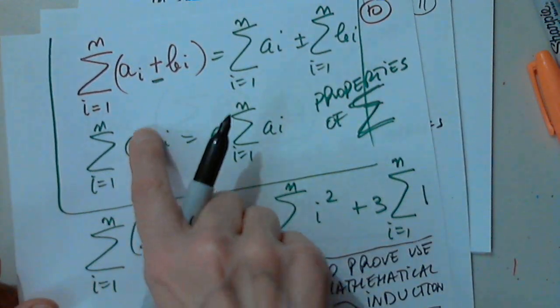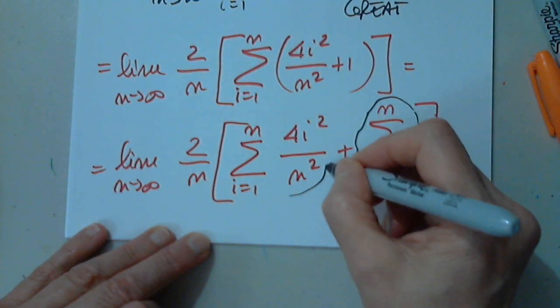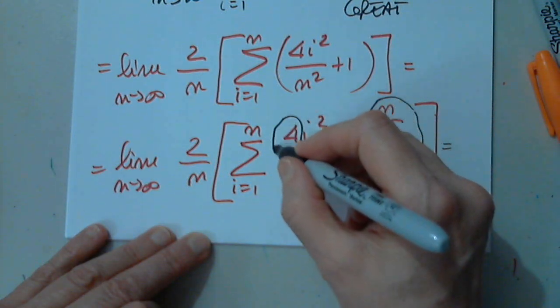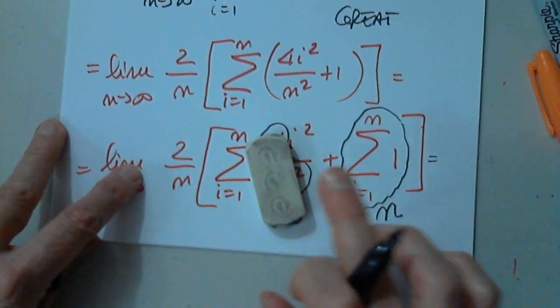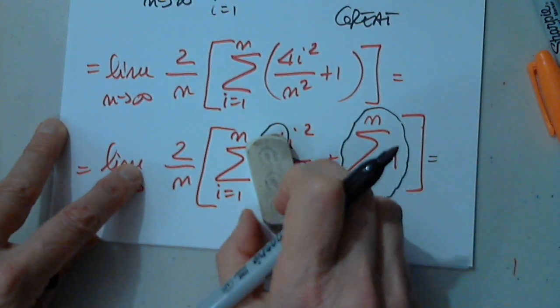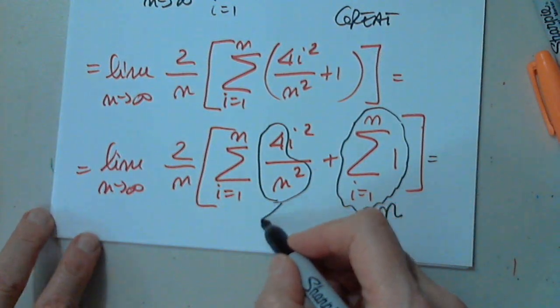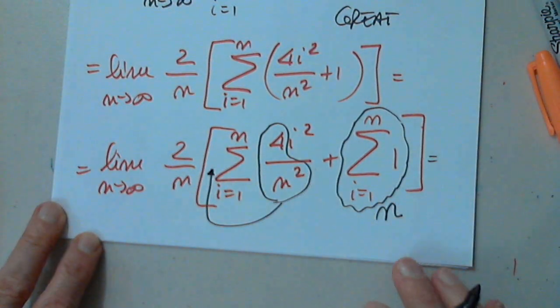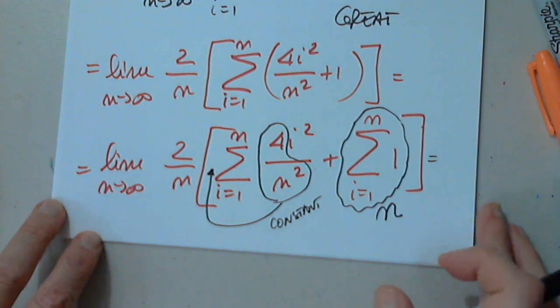A constant in front goes outside. What constant? This is a product. So this is a constant, a constant times i squared. So this goes in front of the summation notation out here. Constant. Okay.